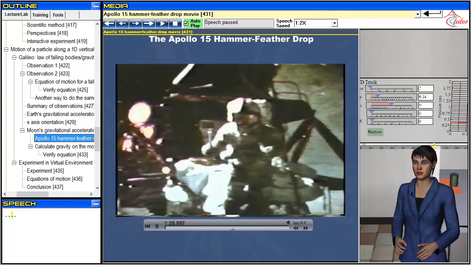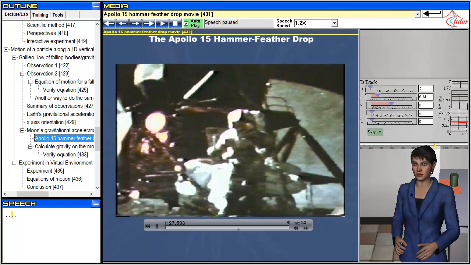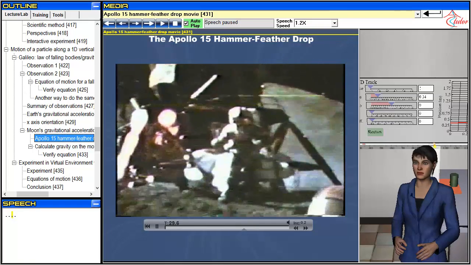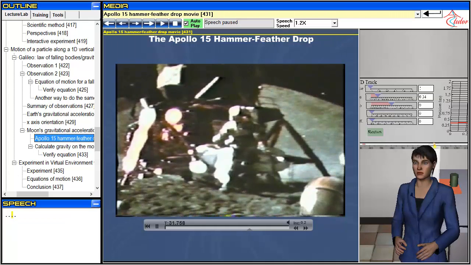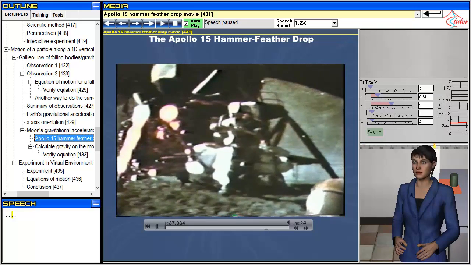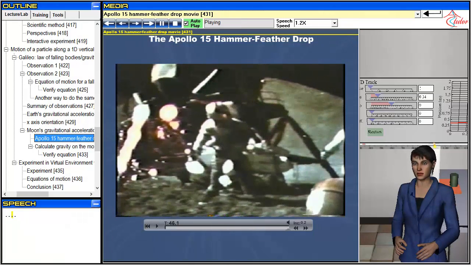And so we thought we'd try it here for you. The feather happens to be appropriately a falcon feather for our falcon. And I'll drop the two of them here, and hopefully they'll hit the ground at the same time. How about that? Which proves that Mr. Galileo was correct in his findings.